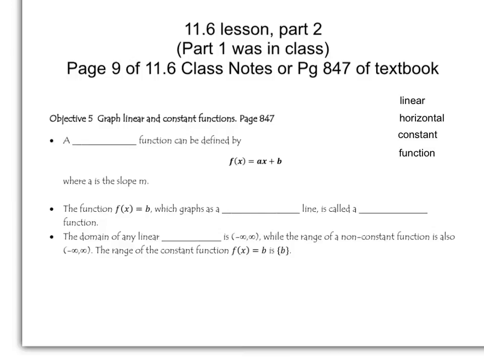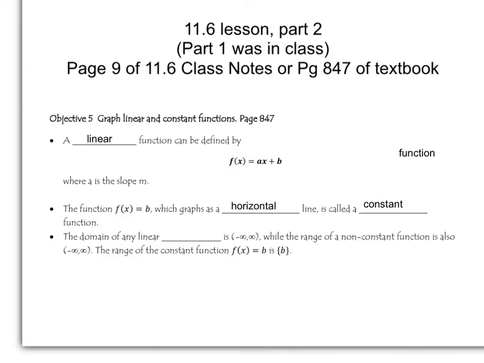So a linear function can be defined by f(x) = ax + b, where a is the same as the slope m. So you can see that looks very much like y = mx + b. The function f(x) = b that graphs as a horizontal line is called a constant function.